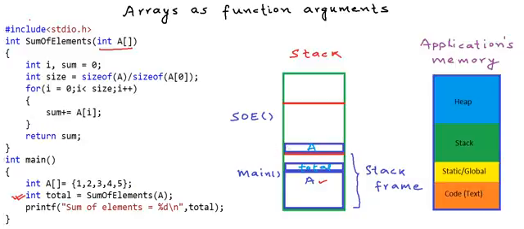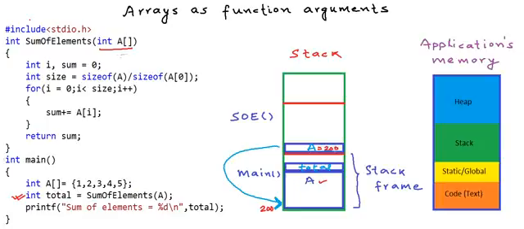So in this case it will be a pointer to integer, and the compiler just copies the address of the first element in the array of the calling function. So let's say the address of the first element in this array A that belongs to the main method is 200. So in sum of elements, all that happens is a pointer to integer is created, and the value in this pointer to integer is 200.